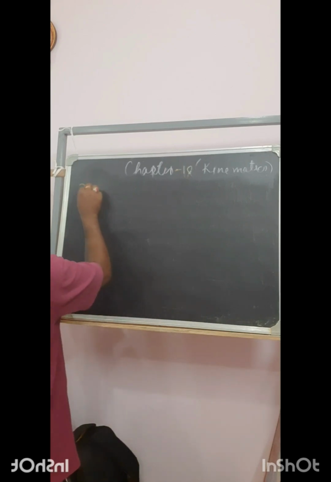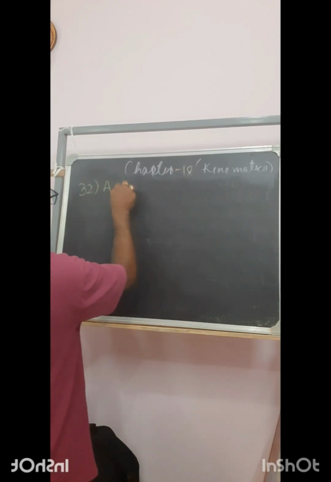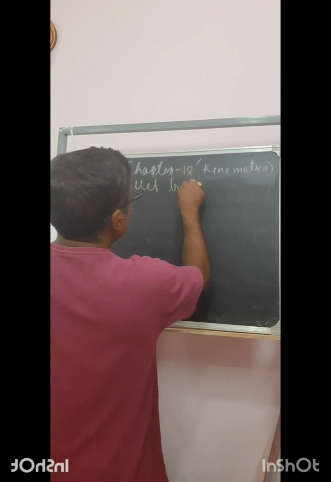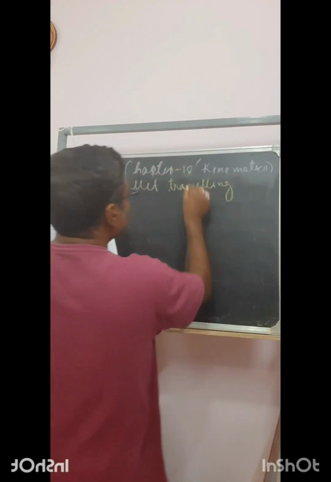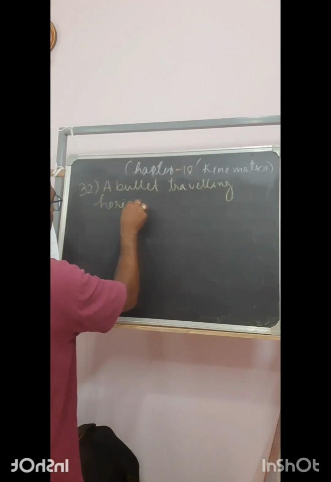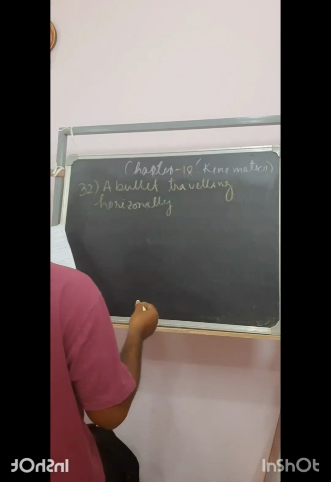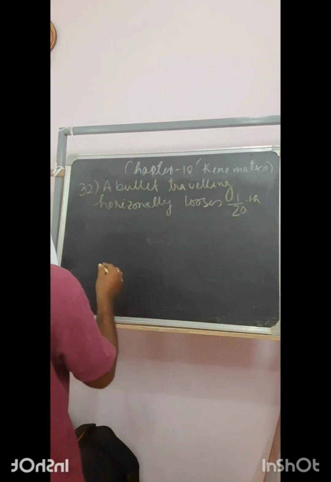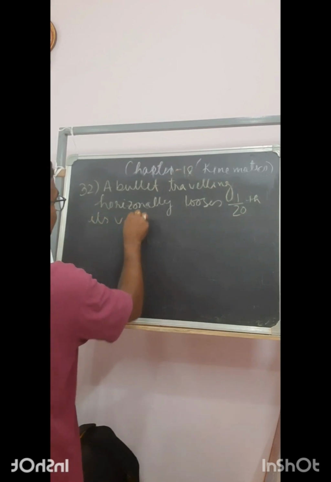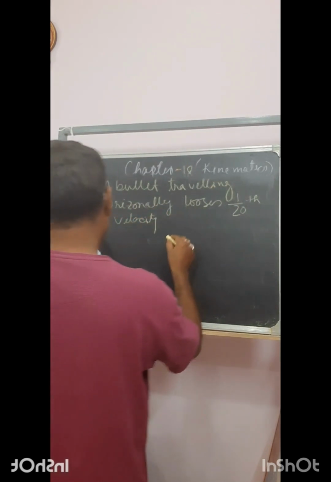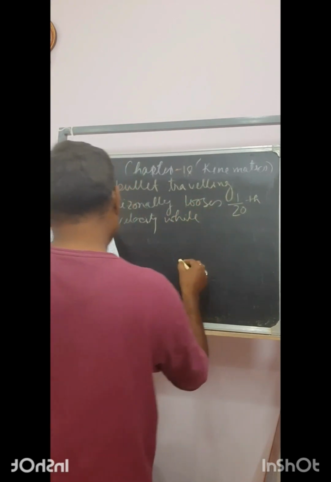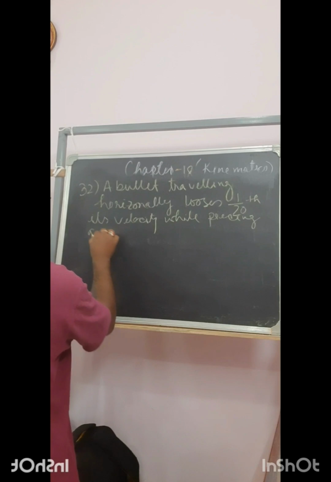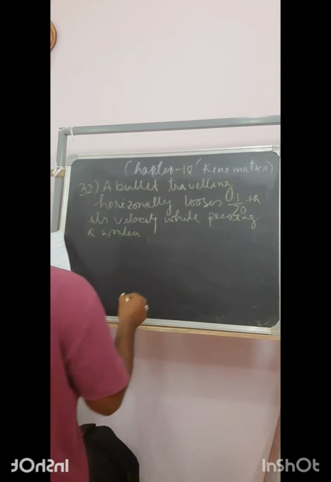Question number 32. A bullet traveling horizontally loses 1/20 of its velocity while firing through a wooden plank.